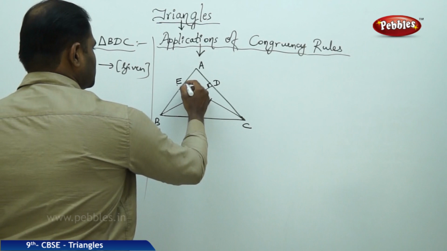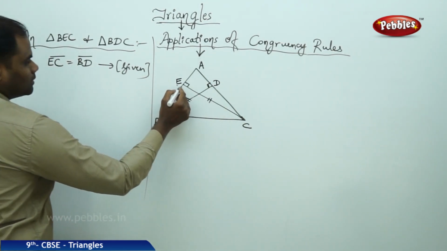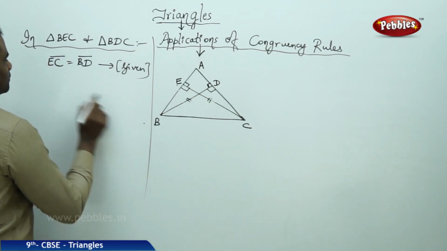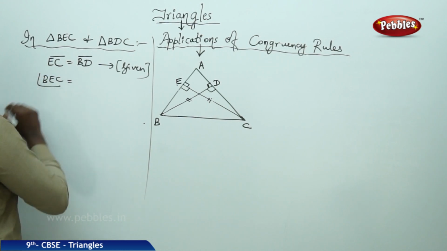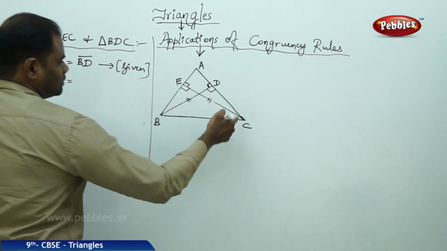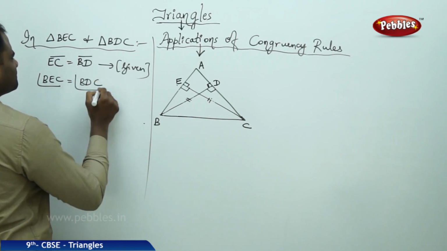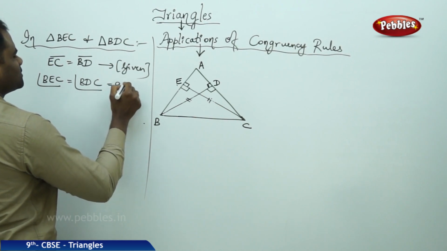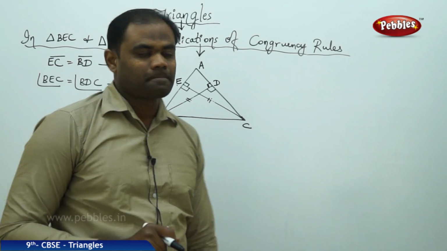Next, I have this to be 90 degrees. Therefore, the other angle also must be 90. Therefore, angle BEC is equal to angle BDC, which is equal to 90 degrees, as we see from the perpendicular altitudes.